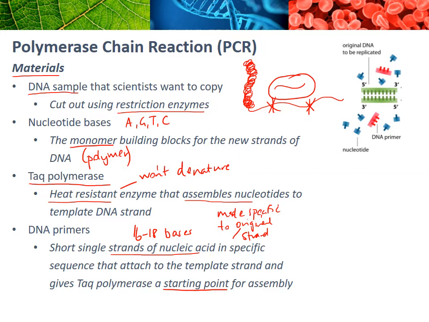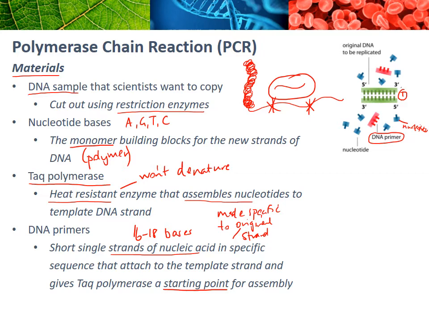Okay, if we look up at this picture here, we've got our sample DNA. These red bits are the primers, and then these are our nucleotides, our bases that are going to build up our copies of the DNA.